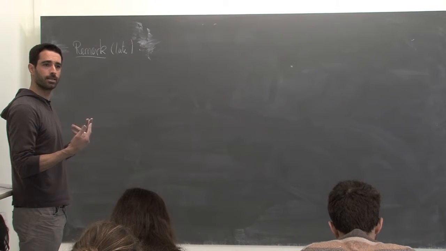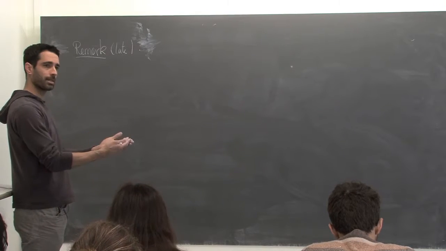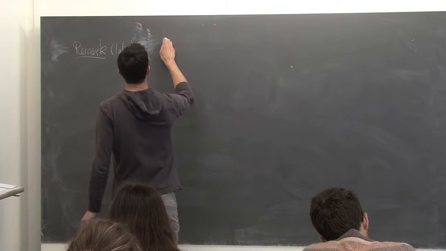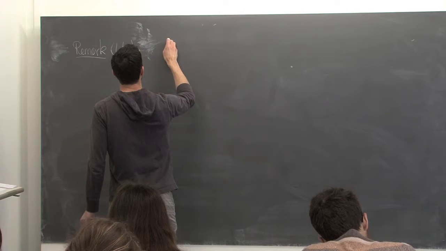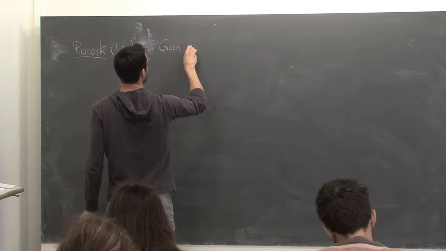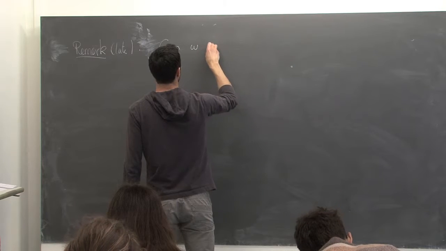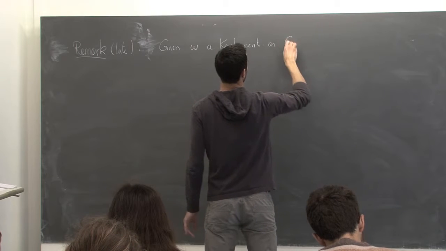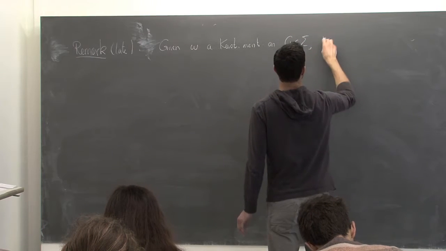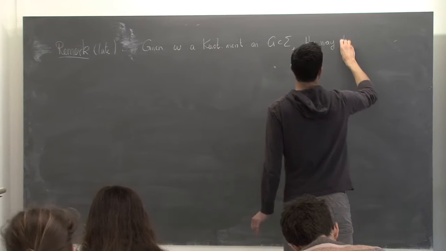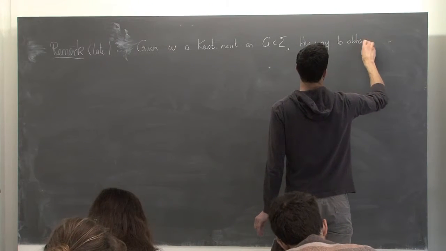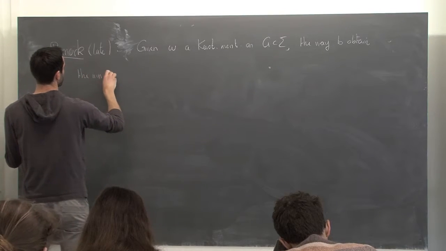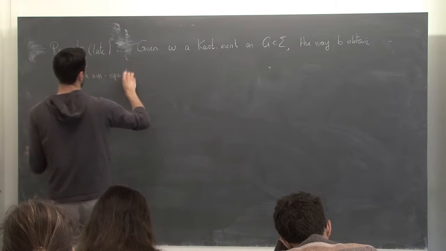Question is, if you have one Castellan orientation, how do you get the other, non-equivalent ones? Given a Castellan orientation on a graph in a surface, the way to obtain the non-equivalent ones is as follows.